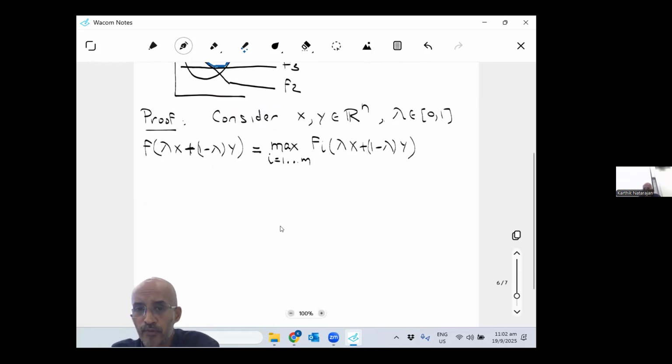Okay. Now, we know that each Fi is convex. So each Fi satisfies the convexity definition. If each Fi is less than or equal to lambda times Fi of x plus 1 minus lambda times Fi of y, the maximum also has to be less than the maximum of these.